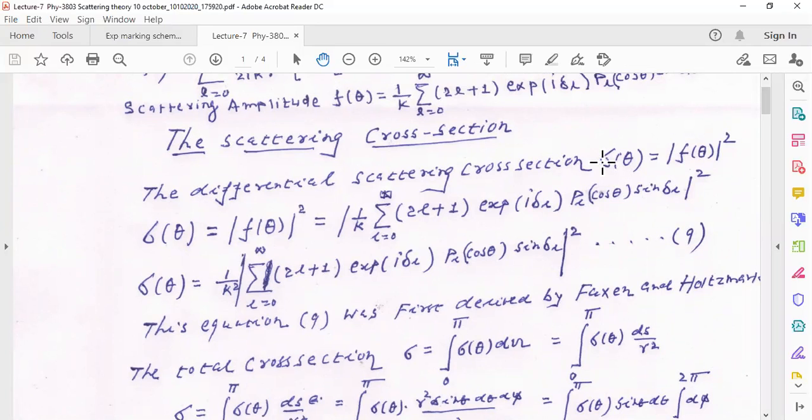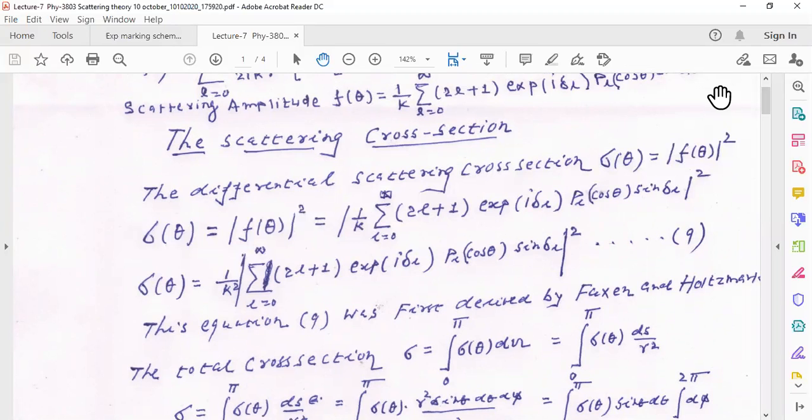So your differential scattering cross section depends only upon theta. This is the formula which we have already derived in the previous class. If you take mod of f theta square, you will have the differential scattering cross section, so I put sigma theta equal to mod f of theta square.